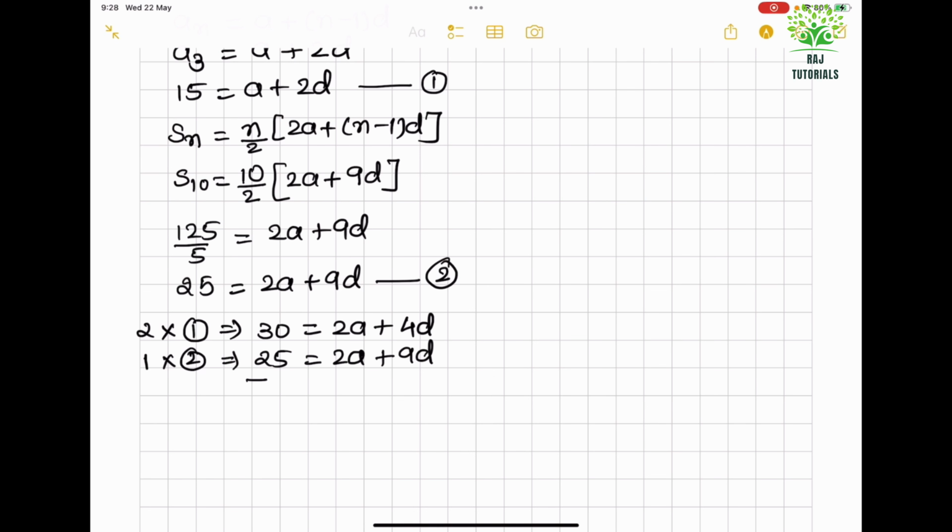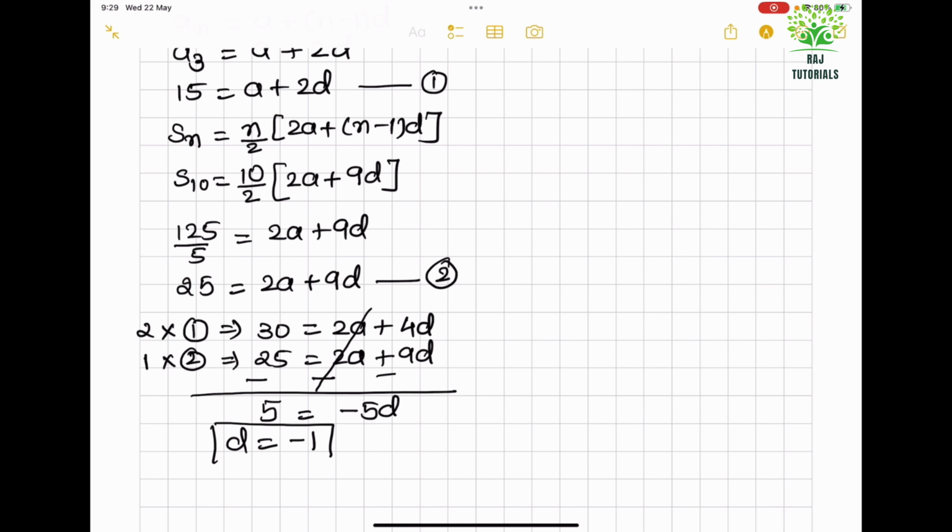Now subtracting both the equations, 5 equal to minus 5D. So D equal to minus 1.